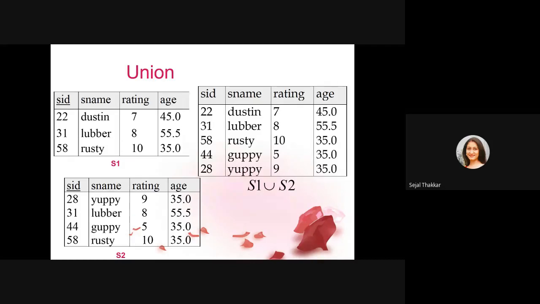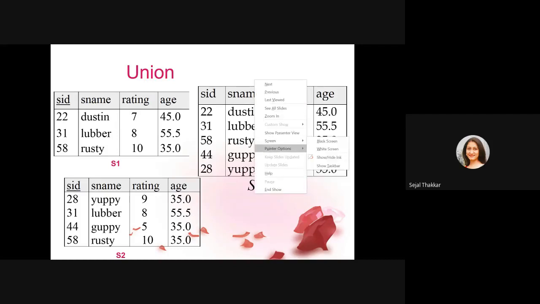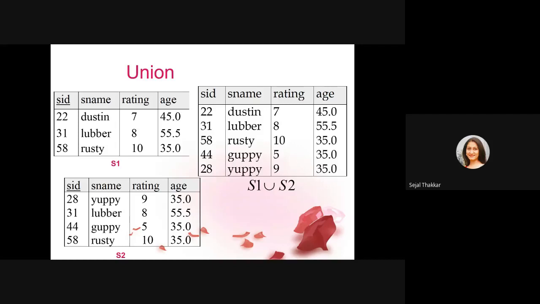Union operator requires 2 tables, right? So suppose I am taking union of S1 and S2. You can see here, it is going to remove the duplicate values, and remaining values will come as they are. Duplicate values will not come 2 times. So here you can see that 22 will come, 31 will come, 58 will come.